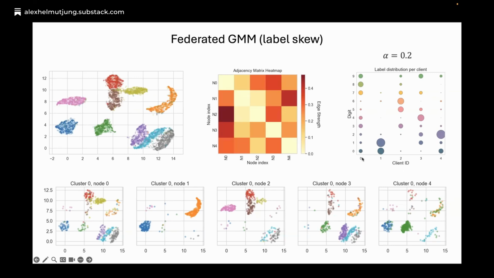While this client number 0 has more or less samples for each digit. So we can see that here the split is very skewed, and this is reflected in the adjacency matrix. We can see that some nodes are more similar to each other based on how similar the data split is between the nodes. Okay.